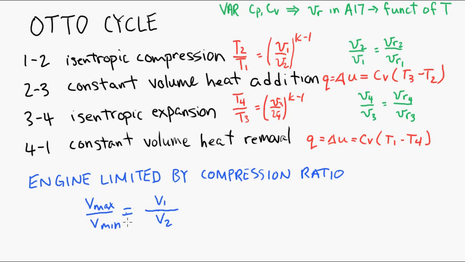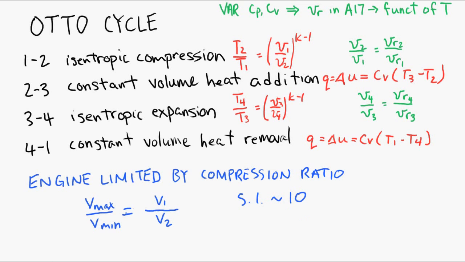Now, the higher the compression ratio, the higher the performance. However, we can only go so high with the compression ratio, otherwise we'll get what's called engine knock occurring. For a spark ignition engine, typically it's only around compression ratios of 10.